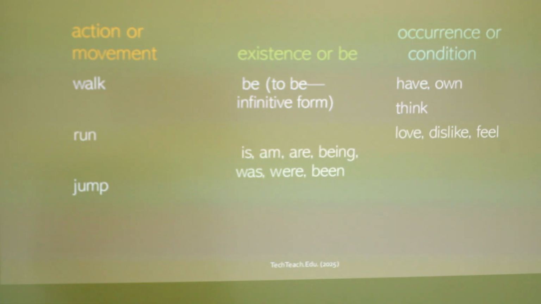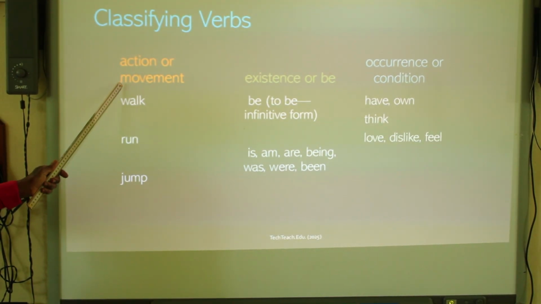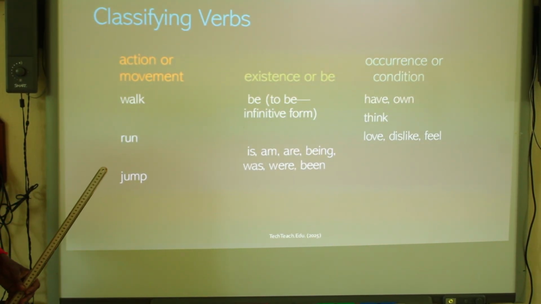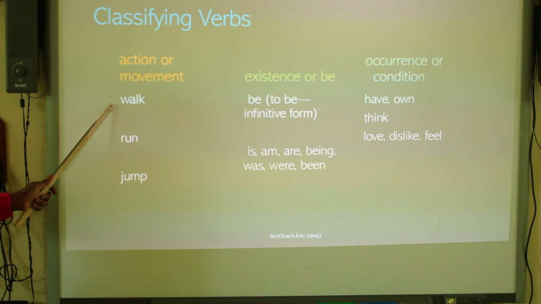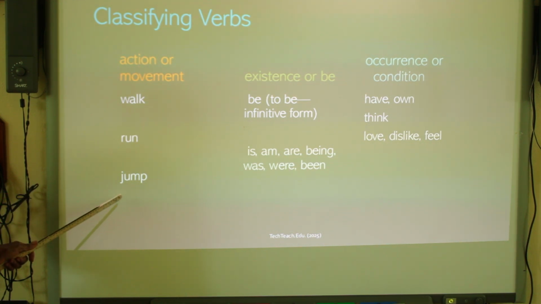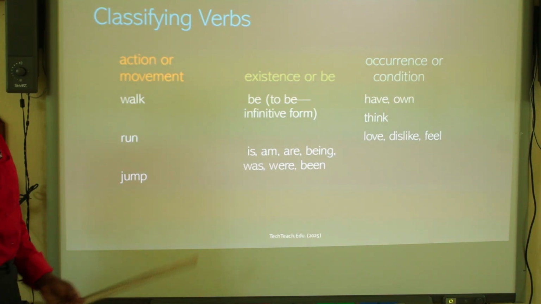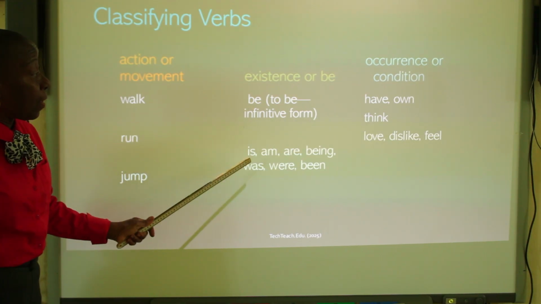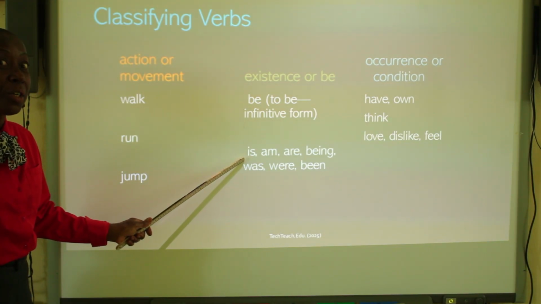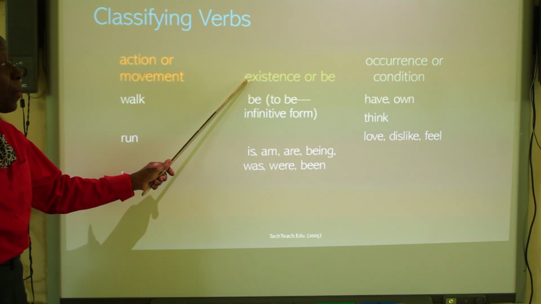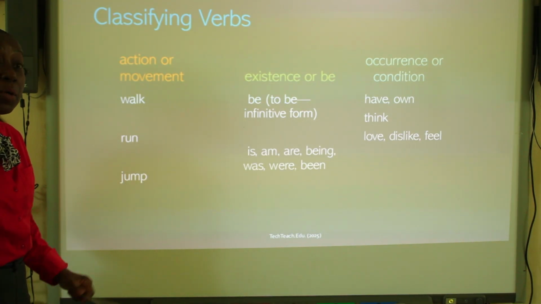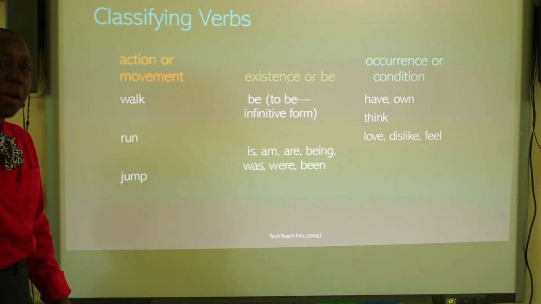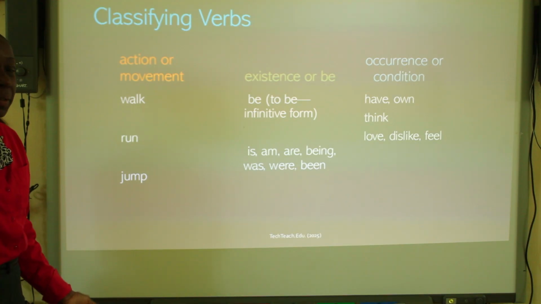So let us first look at action or movement. We say walk, run, and jump are observable actions. Existence or be has no action. This verb does not carry an action. It speaks about things that are in the environment, not humans.